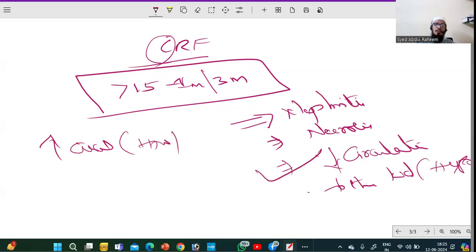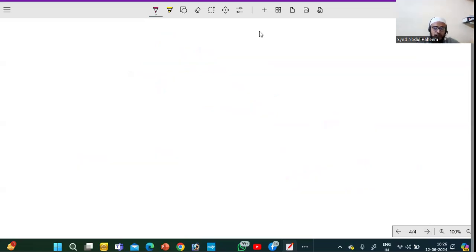So both hypotension and hypertension are dangerous. Okay, I hope you are getting the sound properly. So decreased circulation means hypotension. Hypotension leads to renal failure, and hypertension also, not some short-term, but prolonged hypertension leads to kidney failure also.